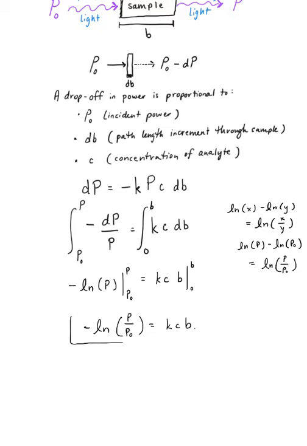This equation, the Beer-Lambert law, relates some nebulous term, the negative natural log of emerging power relative to incident power of light, to three constants. It's important, though, that we point out that this ratio, P divided by P0, is called transmittance.